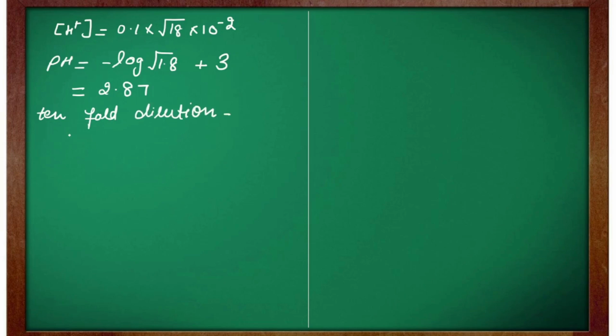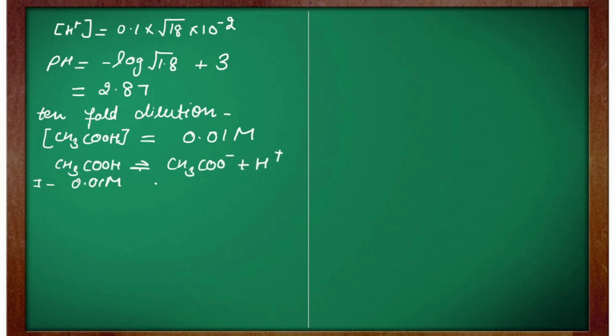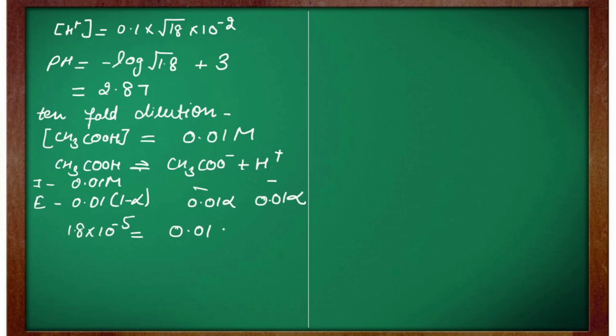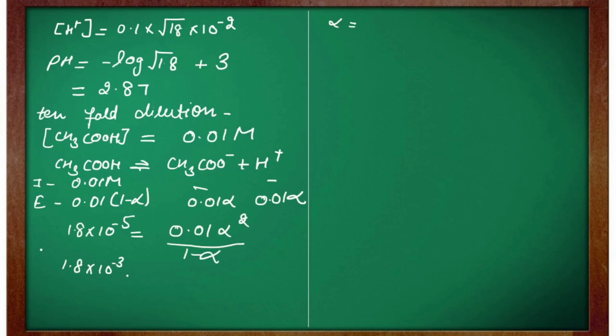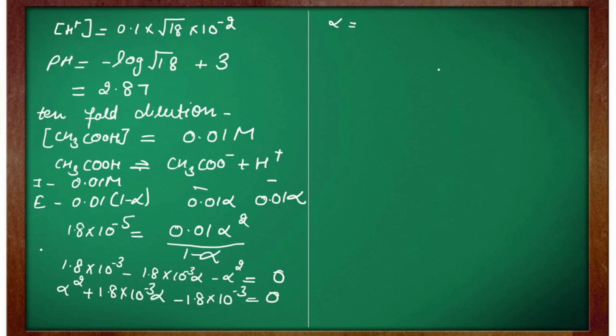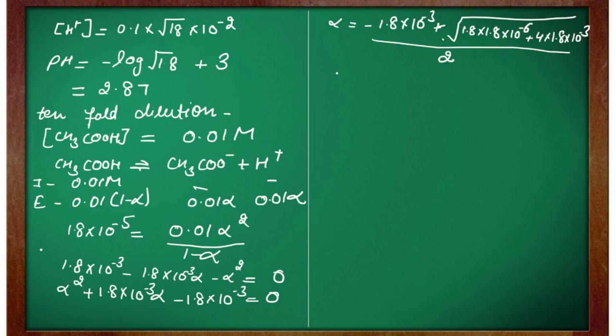After 10-fold dilution, acetic acid concentration is 0.01 molar. After putting the value of dissociation constant, using the dissociation constant formula, we get a quadratic equation in alpha. After solving the equation, we get alpha value equal to 41.54 by 10 raised to power minus 3.